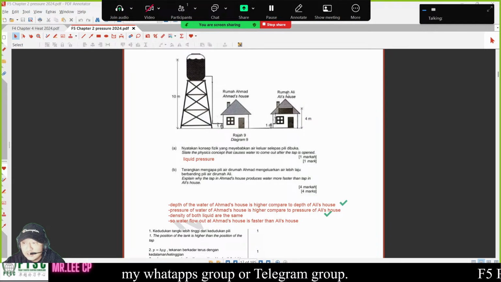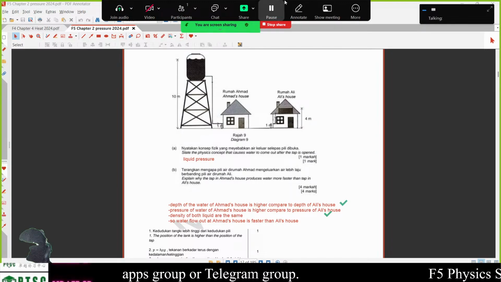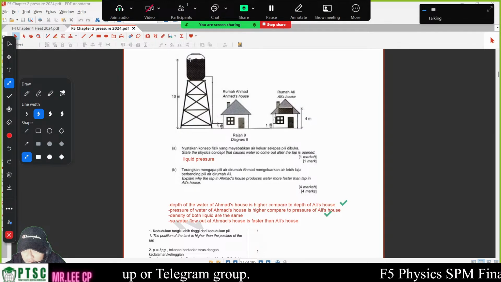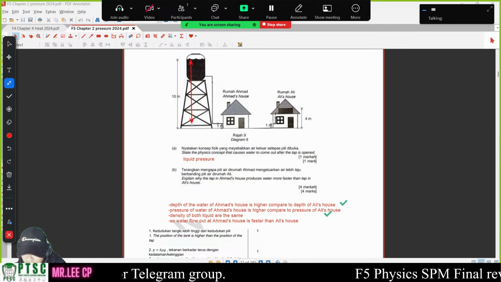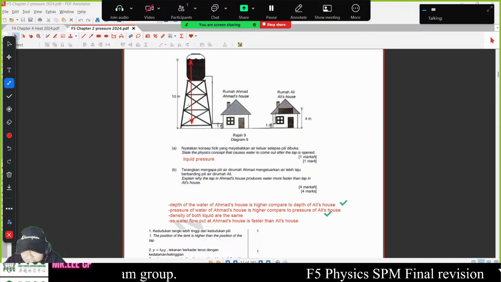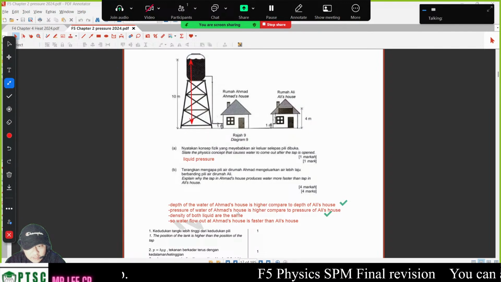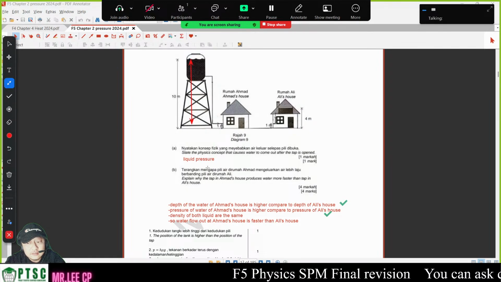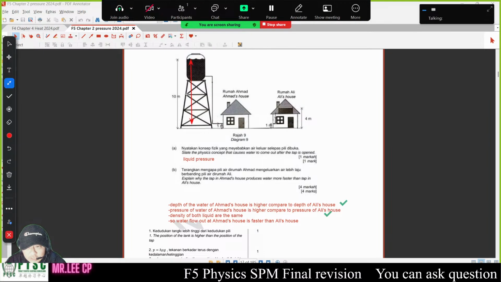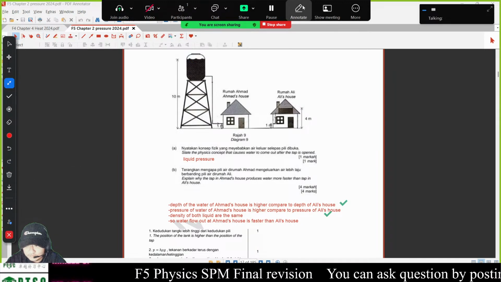Here it is 10 minus 1, so the surface of water until here is 9 meter. So the depth at Ahmad's house is 9, higher compared to Ali's house. Pressure is higher. The density of these two is the same. So this one will have higher pressure, so the water flows out faster. This is my answer.